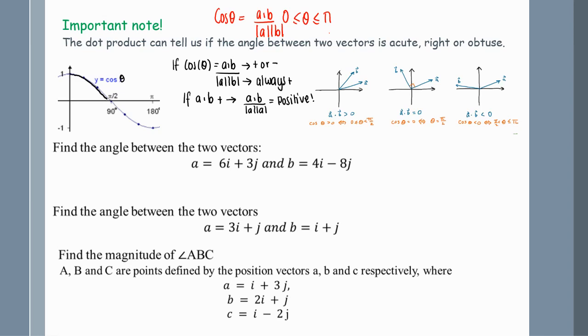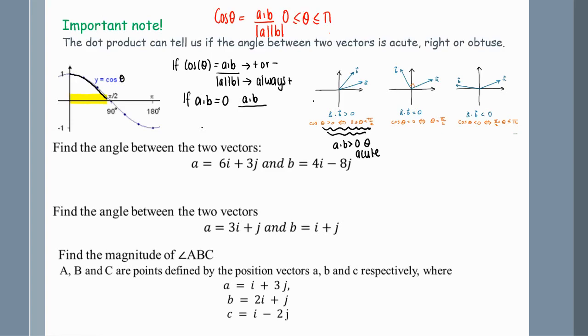Now we know that for angles between 0 and pi, cos is only positive between 0 and less than 90 degrees, or between 0 and less than pi radians. Therefore, if a dotted with b is positive, we know that the angle between both vectors will be an acute angle.